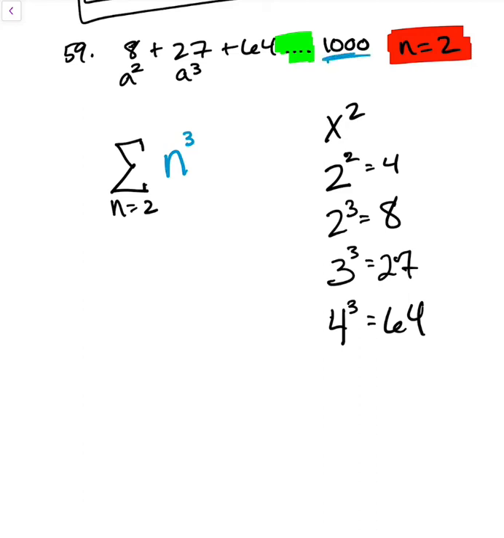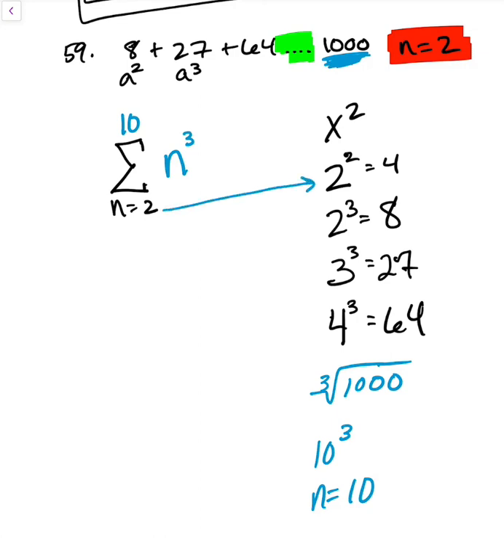And so as I look at 1,000, if I cube root 1,000, I know that that's going to be 10, because 10 times 10 is 100, and times 10 is 1,000. So that means if this is 10 cubed, that means n equals 10 in this case, so my upper bound is 10. So I go from my lower bound 2 to my upper bound of 10.